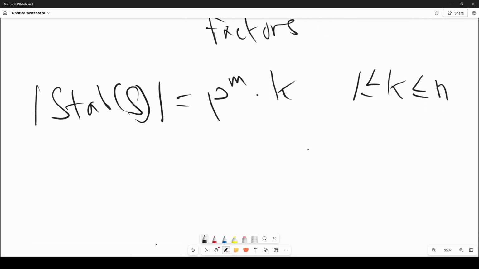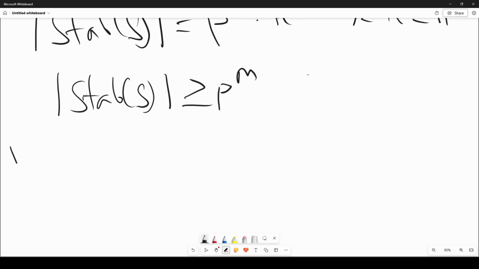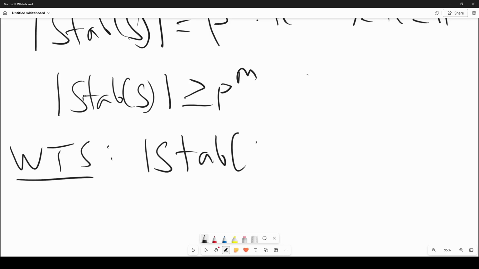What we've shown is that the size of the stabilizer of S is greater than or equal to p to the m. That's what we just did. Now we want to show that the size of the stabilizer of S is less than or equal to p to the m. Because if we get this, then we can say it's exactly p to the m, and we get exactly what we want, which is a p-Sylow subgroup.